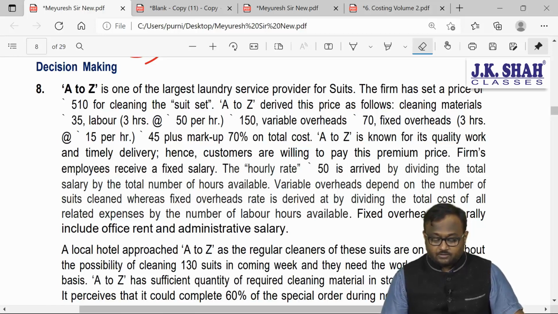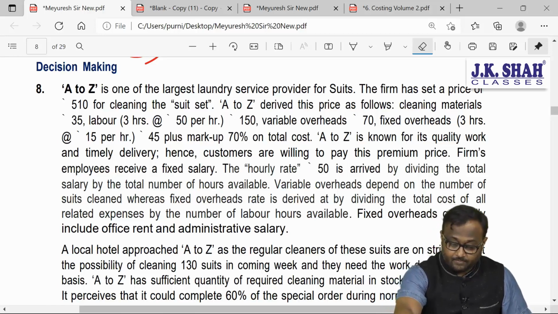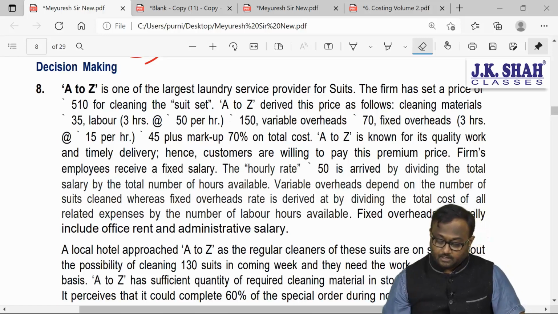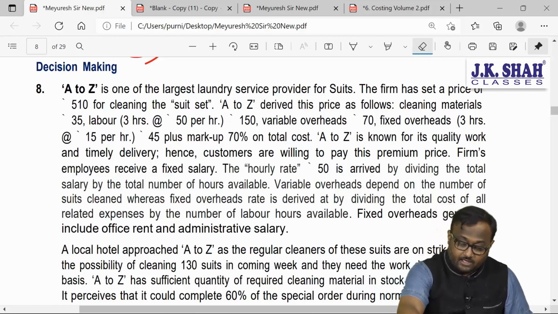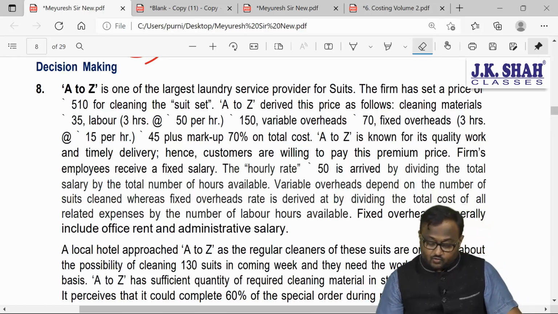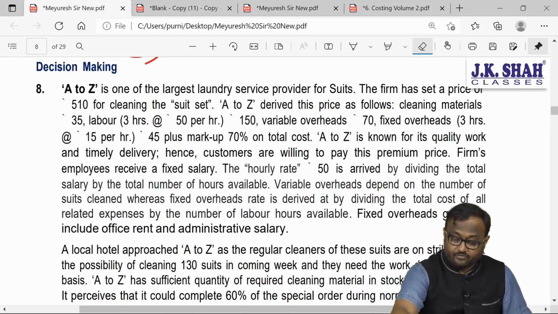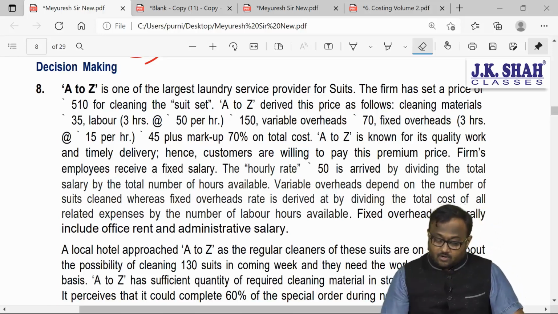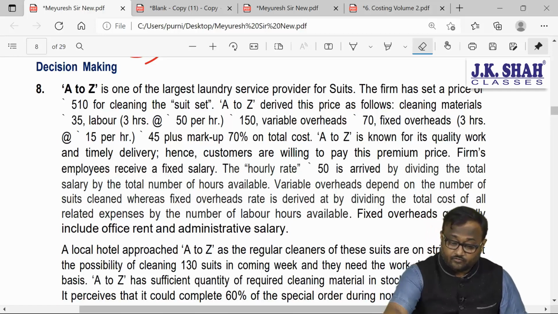Labor 3 hours at the rate of 50 per hour. So guys, you have material 35, labor 150, variable overheads 70, fixed overheads they have added 45, plus markup 70% of total cost.